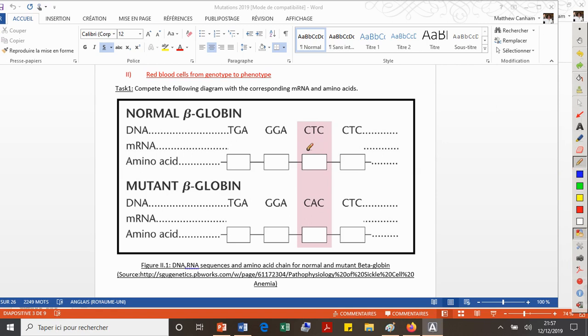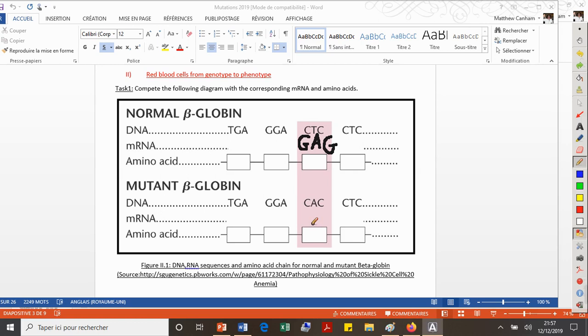This is the Chargaff laws. So if I have a C on the DNA, I'm going to have a G. If I have a T on the DNA, I'm going to have an A, and the other C is going to be a G. So the 3 nucleotides are going to be GAG.